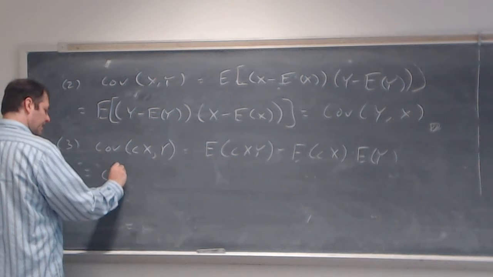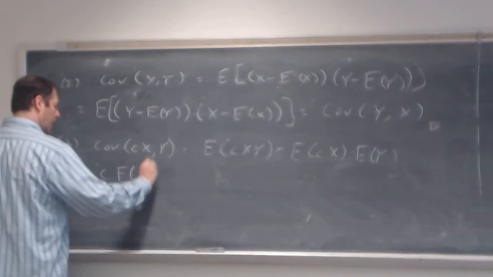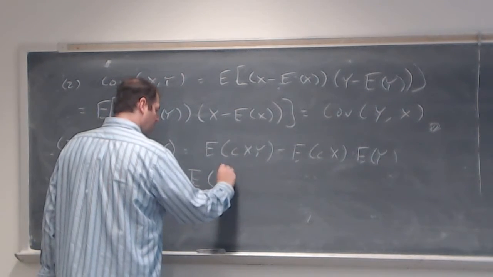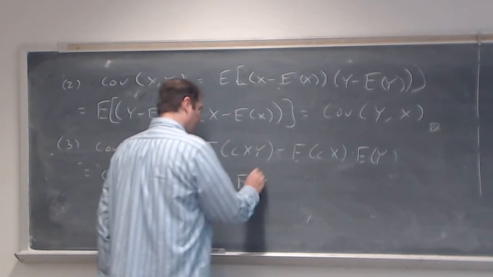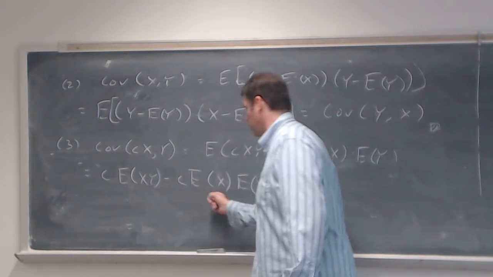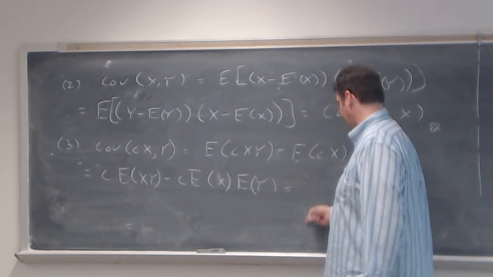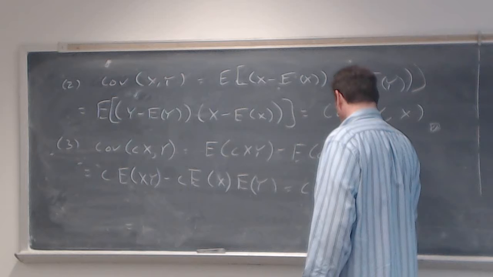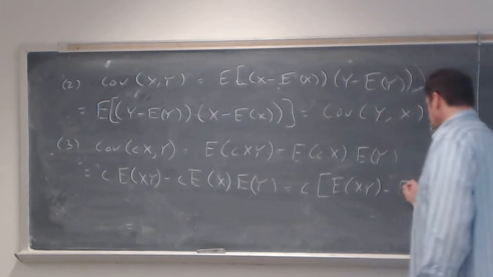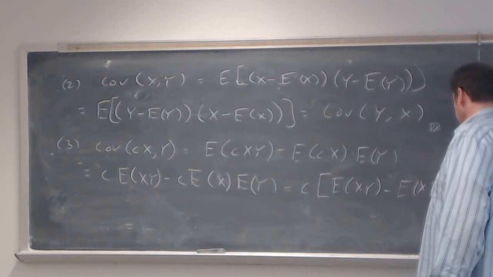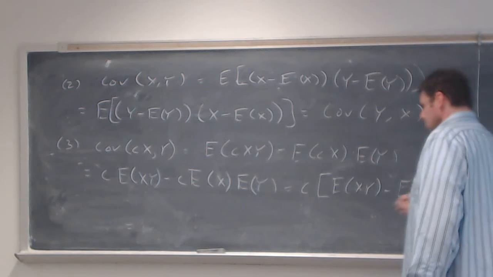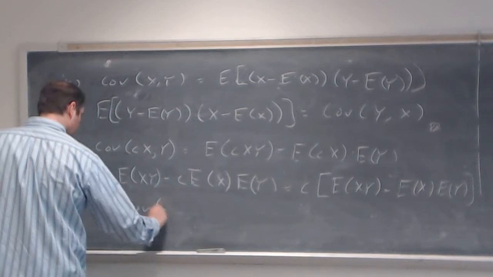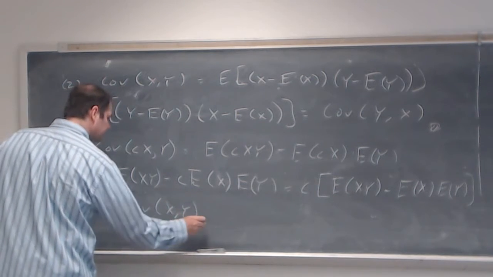So this is C times the expected value of X times Y, minus C times the expected value of X times the expected value of Y. And then these are two terms that are being subtracted. They have a common factor of C, so I pull that out. And so we're left with the expected value of X times Y minus the expected value of X times the expected value of Y. And that's just C times the covariance of X with Y.